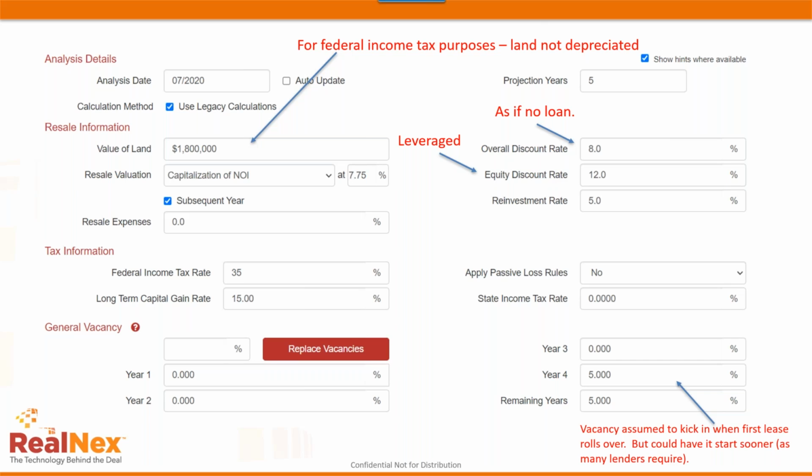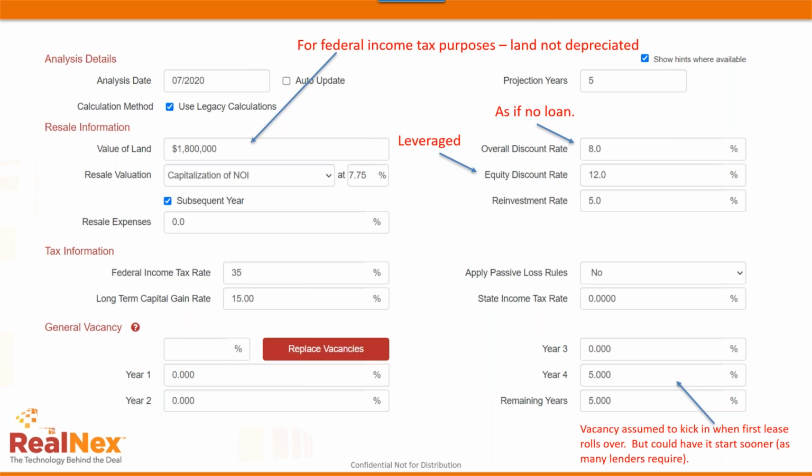General vacancy rate. So this is, again, kind of an optional thing because we're going to see that we can put in the vacancy rate for what it actually calculated based on our lease renewals and how long it's going to take to re-lease the property.